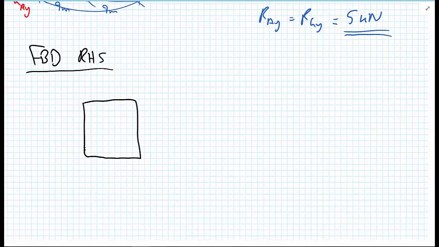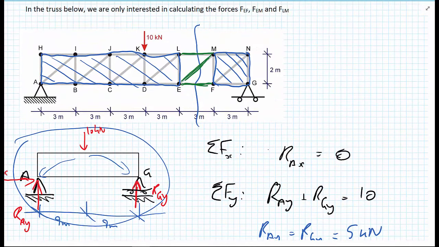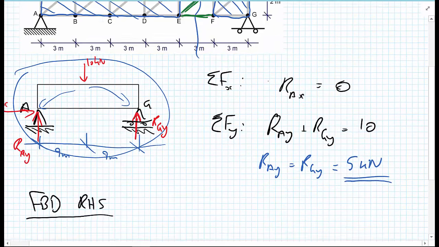And we had a vertical reaction force at G. Now, where we have the bars coming away from joint M and joint F, we're going to draw tensile forces from those bars.